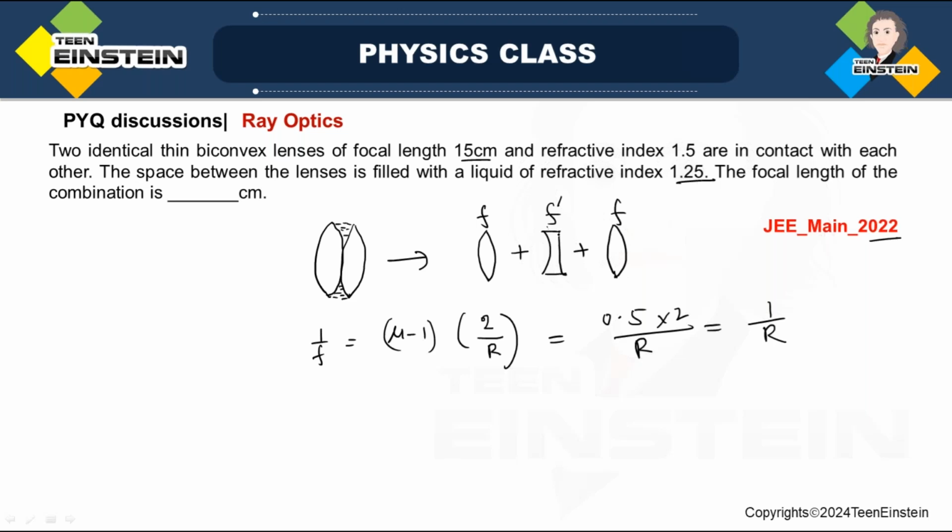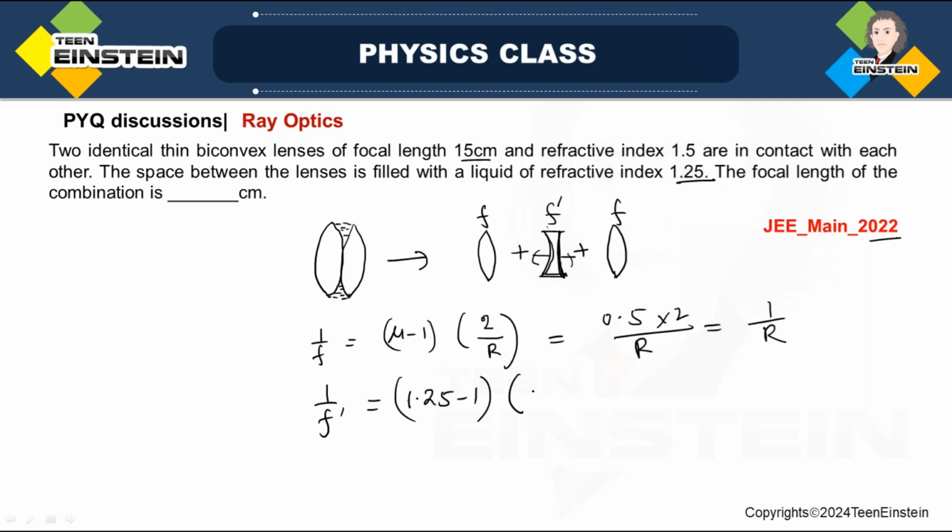In case of this, both sides are concave, a biconcave lens. So for the liquid lens, 1 over f prime is mu minus 1, that means 1.25 minus 1, divided by, see, this r1 will be negative and r2 will be positive.